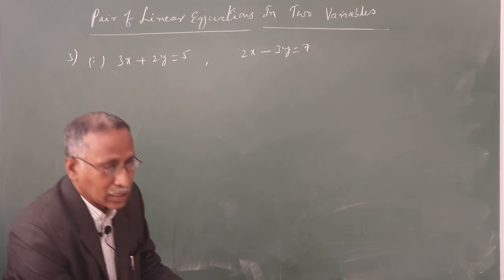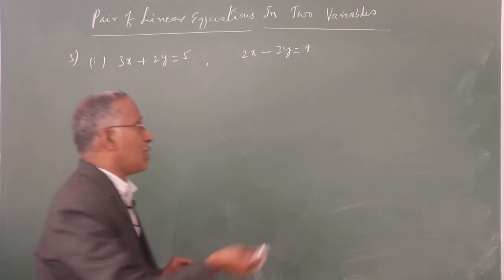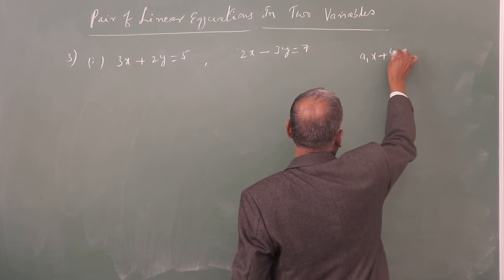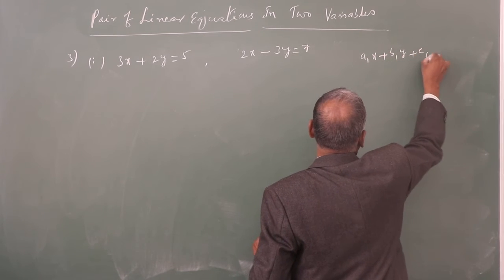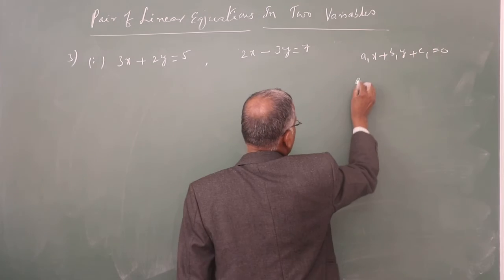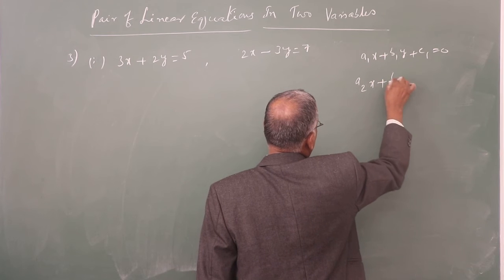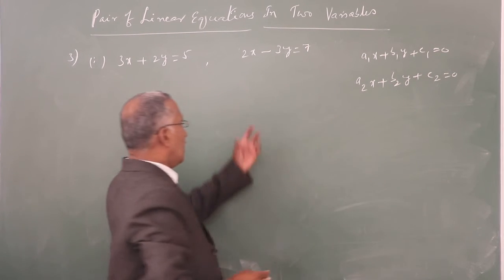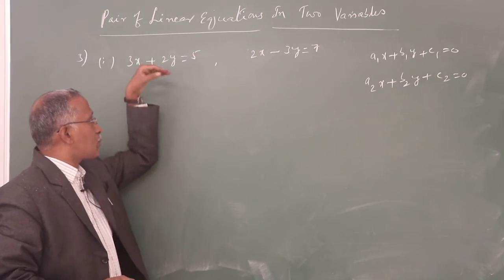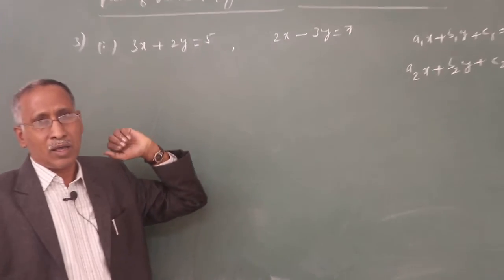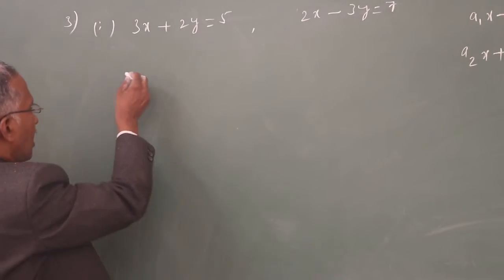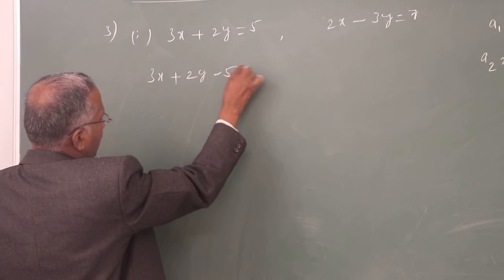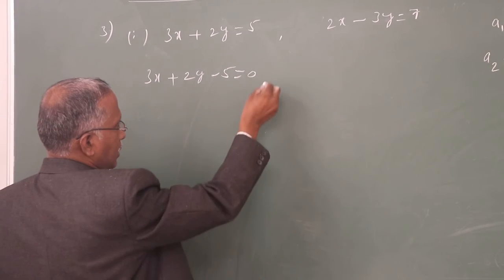You know the general form or standard form of the linear equations. You know that a1x plus b1y plus c1 is equal to 0. Similarly, a2x plus b2y plus c2 equals 0. Let us express them in the standard form of the linear equations. How do you write this now? 3x plus 2y minus 5 is equal to 0.